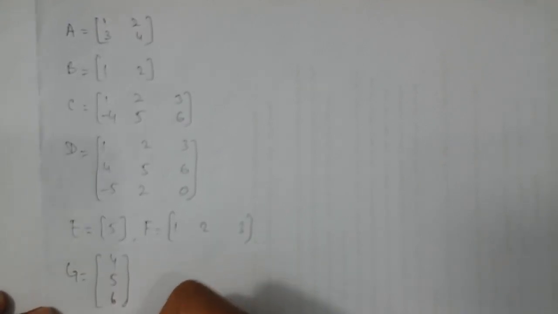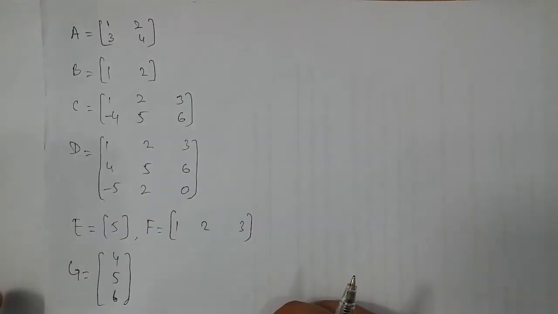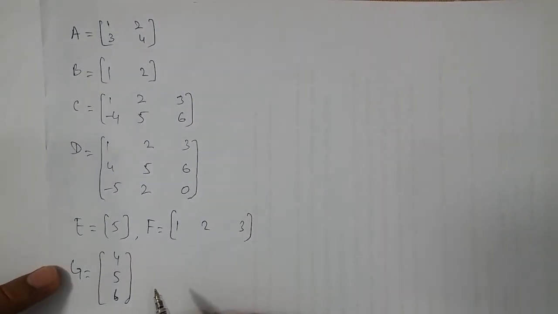So all are matrices. In this way we can write different types of matrices. Now the main thing is to understand what is the difference between all these matrices.